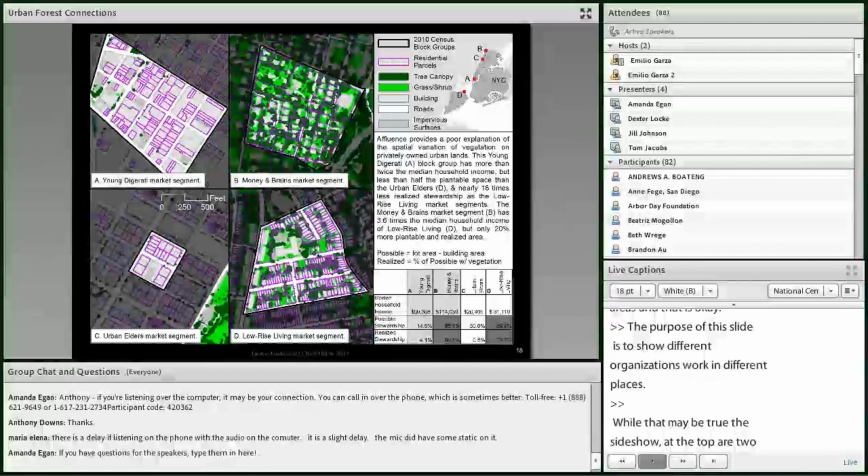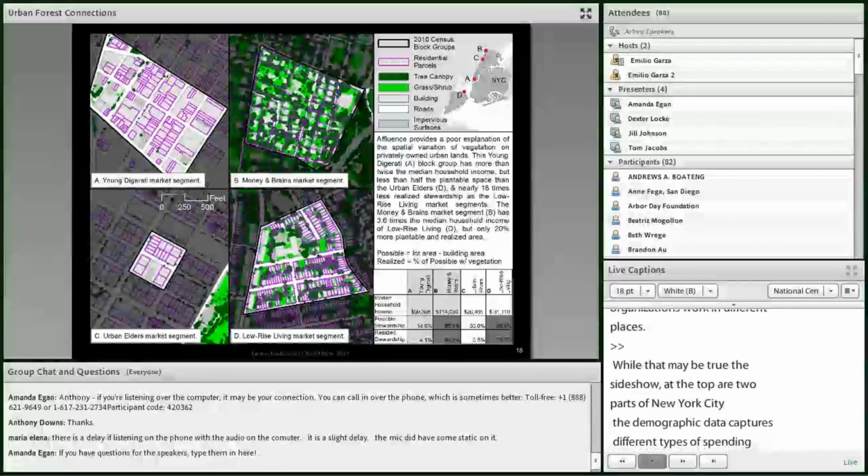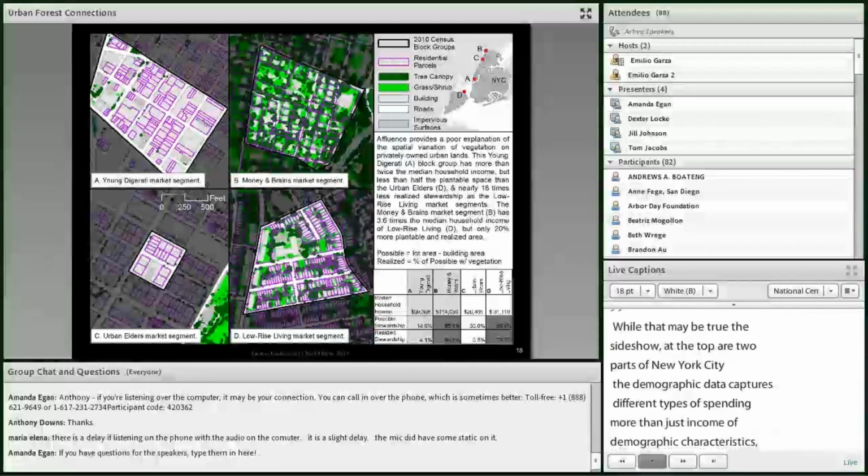And so while there may be a general trend in a lot of research showing environmental injustice with respect to tree canopy, what this research suggests is that it's more complex, and that actually the geodemographic data, which capture different types of consumer spending, more than just income, other types of demographic characteristics, like whether or not the household is married, how many people live in that building, age, that there's big differences.